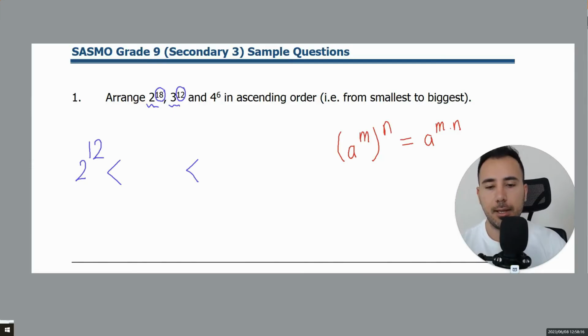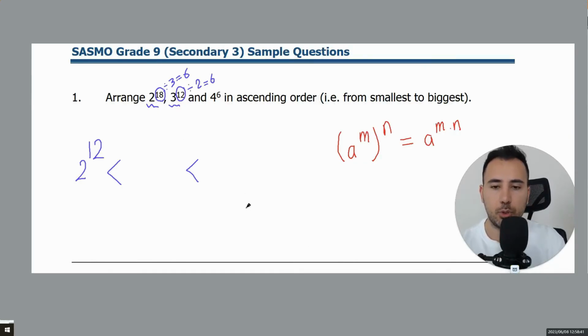I know that if I divide 12 by 2, it will be 6. If I divide 18 by 3, it will be 6 again. And this is useful. Why? Okay, let's see.